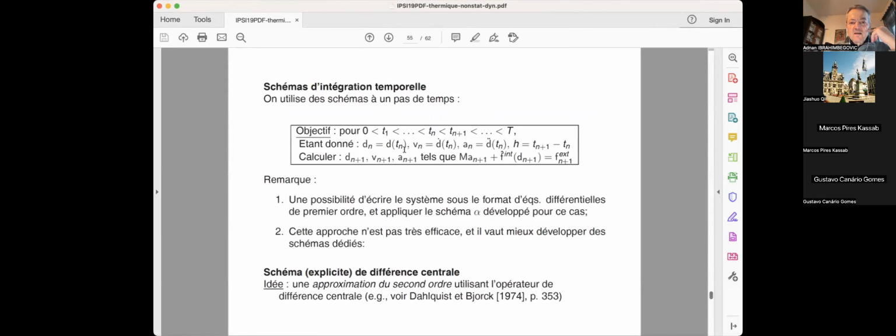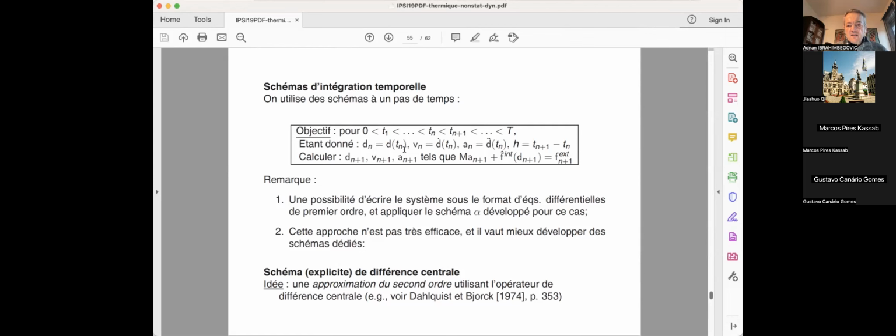So basically, when I'm computing this, if I want to make it more efficient for the case of, let's say, nonlinear elasticity, I can also look into the explicit method, which makes these things a little bit more efficient.